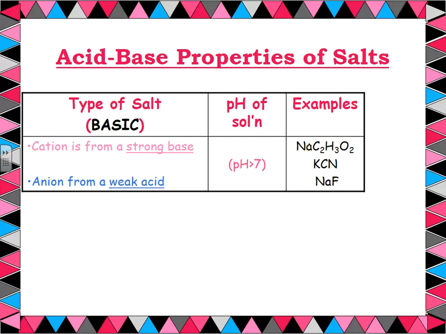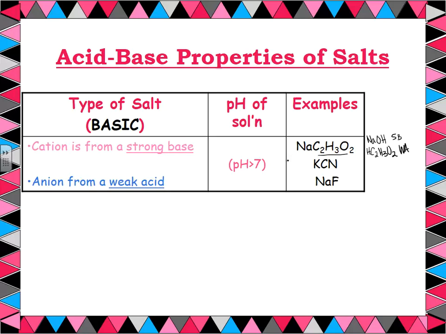So let's look at the cation. Sodium would have come from sodium hydroxide. There's your strong base. And the anion came from the acid, so put a hydrogen in front of it, HC2H3O2. That's our weak acid, acetic acid. Thus, that's a basic salt.